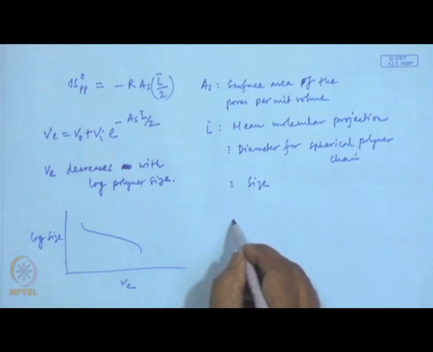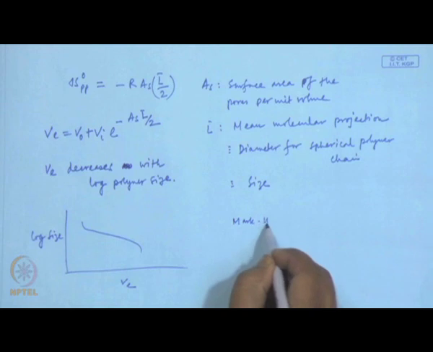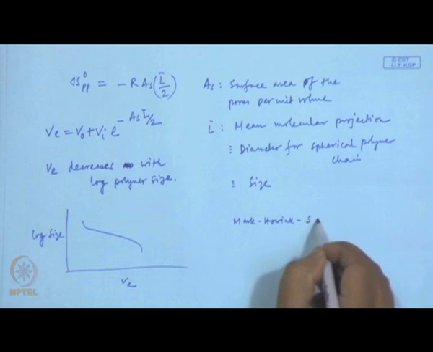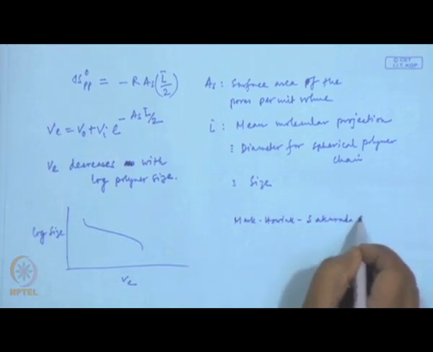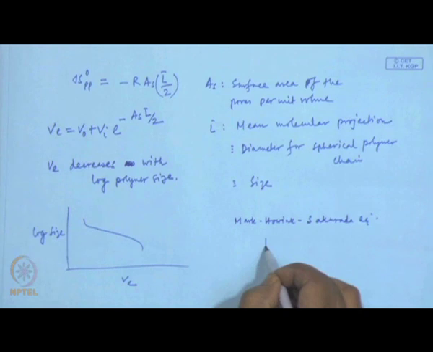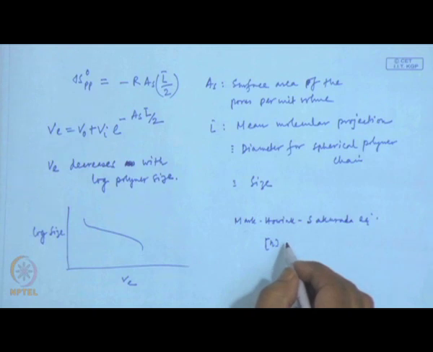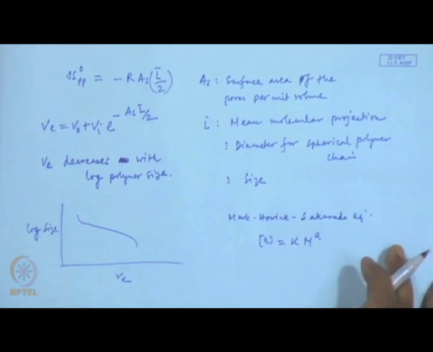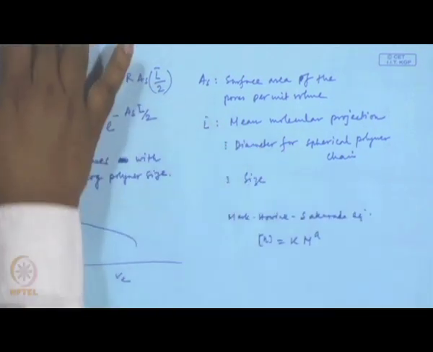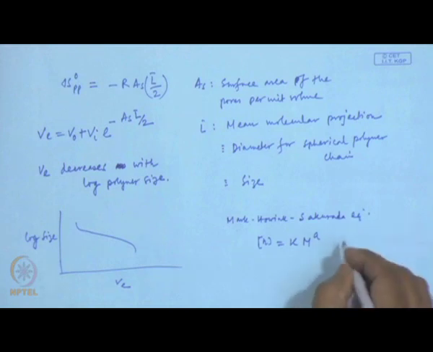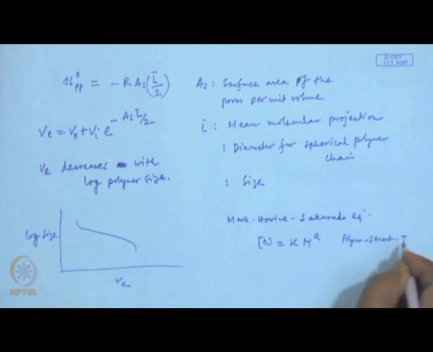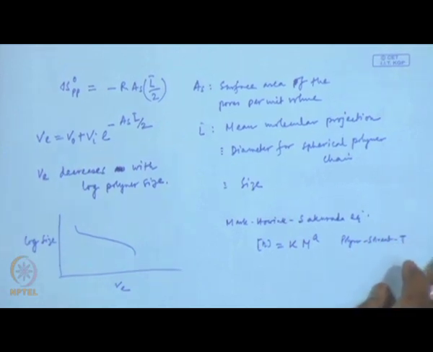Now, from the Mark-Houwink-Sakurada equation, we know that intrinsic viscosity is given by K M to the power a, where K and a are constants for a particular polymer, solvent, temperature combination.